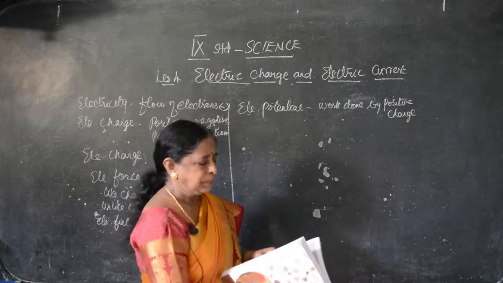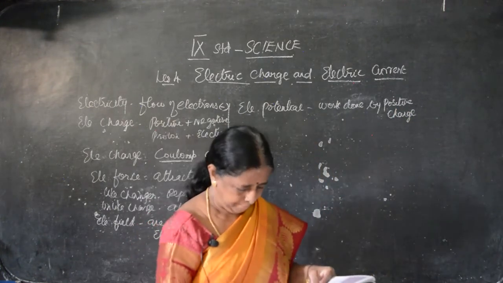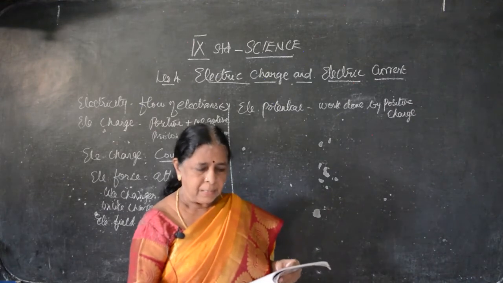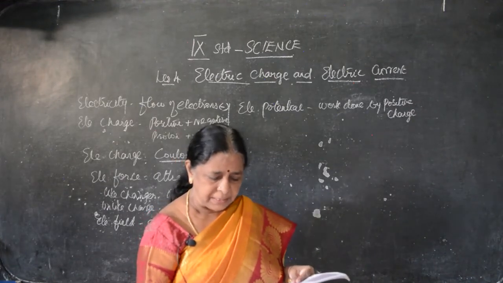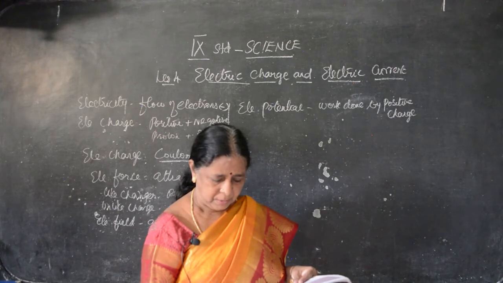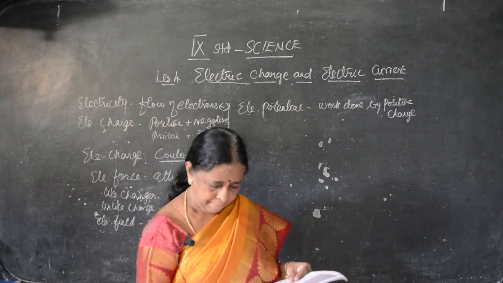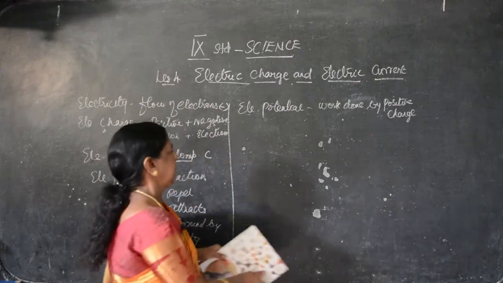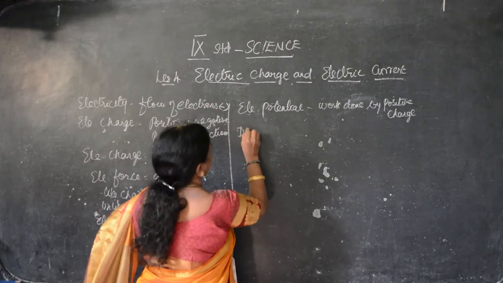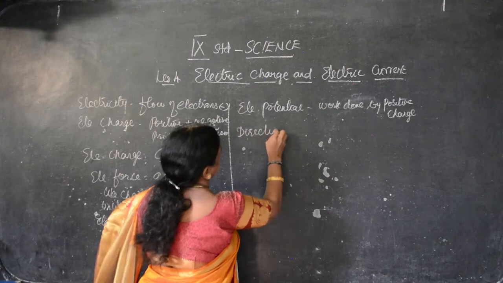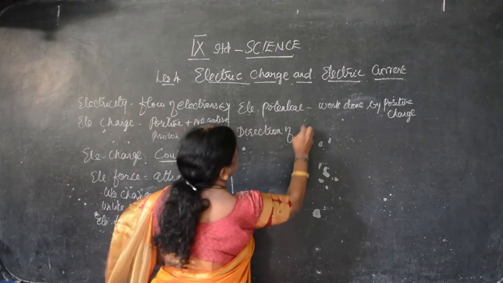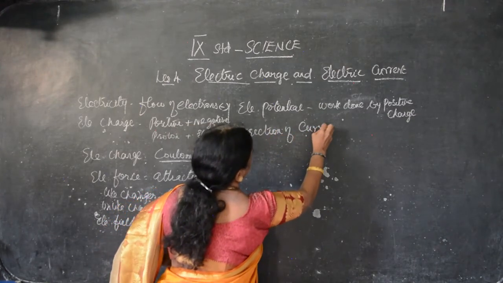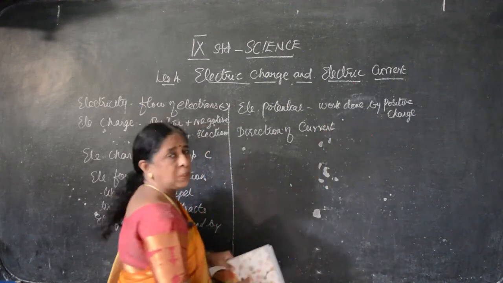Clear? Now we have to see what things are required for direction of current. Next one we have to say, direction of current. What is direction of current?